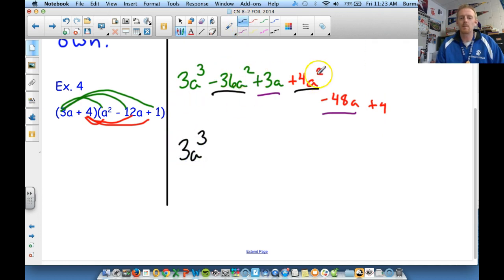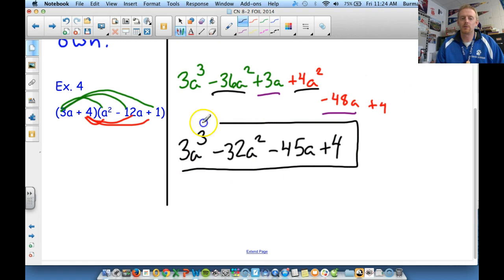We combine the two underlined black ones, a -36a squared and a positive 4a squared, which is going to give us a negative 32a squared. A 3a and a negative 48a makes a negative 45a, and then we're just bringing down again the plus 4. So the process, folks, is to distribute, combine like terms, and then we are done for now.